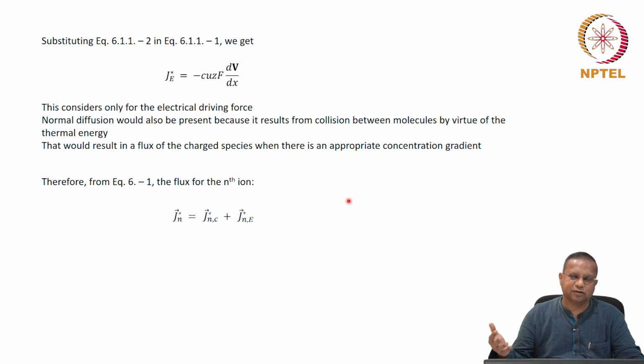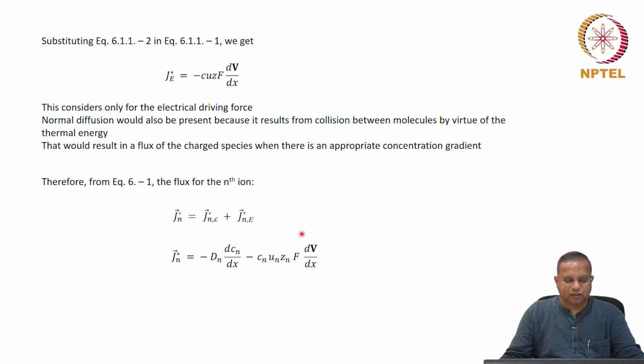Electric field intensity is nothing but the potential gradient, right? We know that. Therefore, let us substitute the terms. We know that the concentration gradient flux is given by Fick's first law, minus Dn dCn/dx, in one dimension for us to understand things, and then we'll extend it to 3 dimensions. Minus this expression here for the nth ion: Cn Un Zn F constant dV/dx.